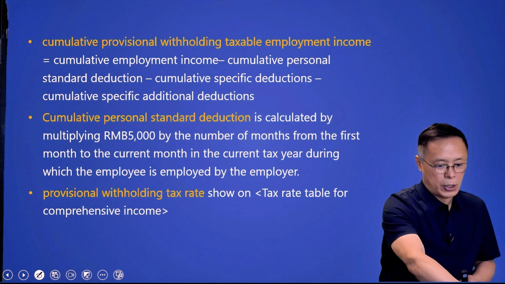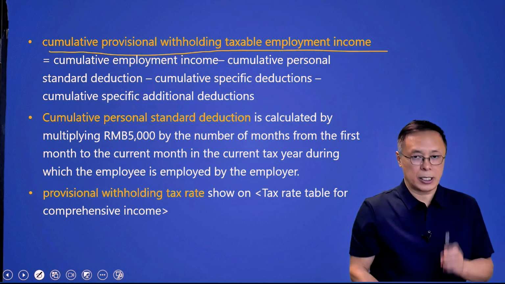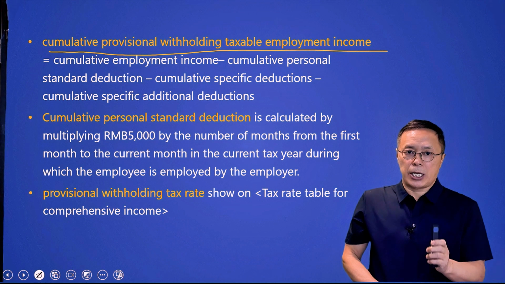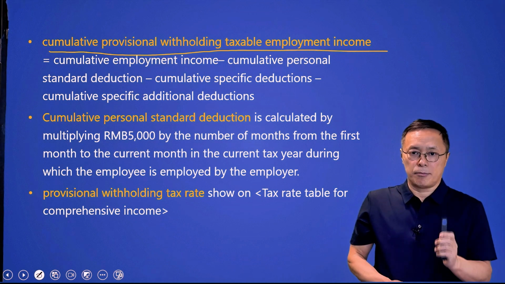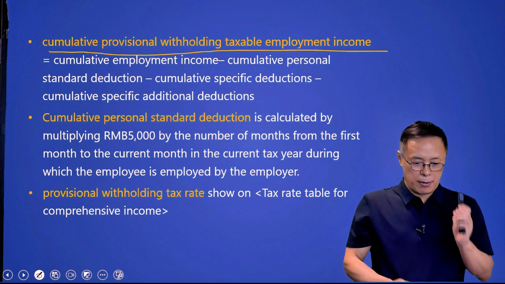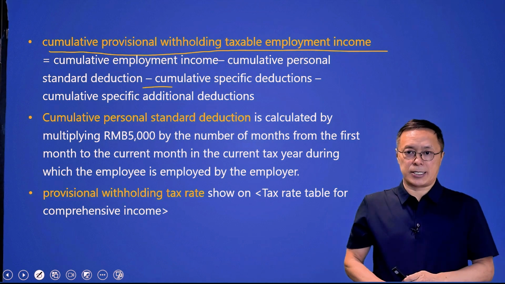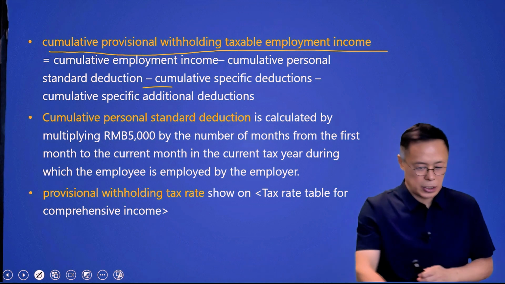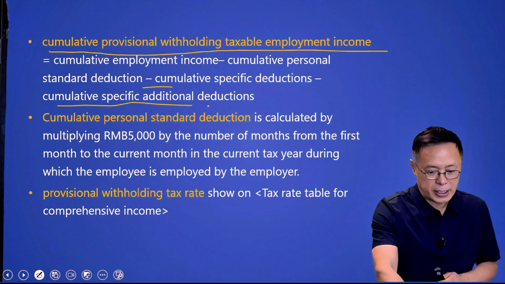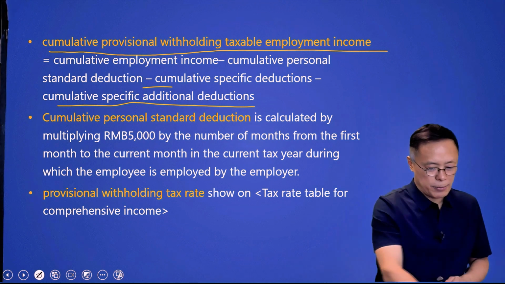In the last formula, cumulative provisional withholding taxable employment income equals cumulative employment income minus cumulative personal standard deduction, minus cumulative specific deductions, and continue to minus cumulative specific additional deductions.